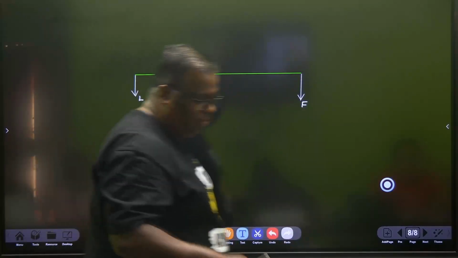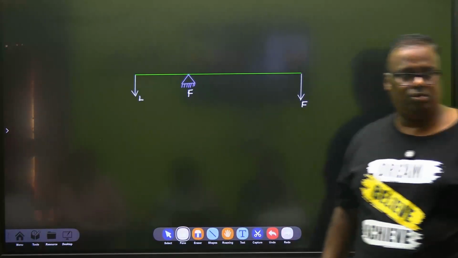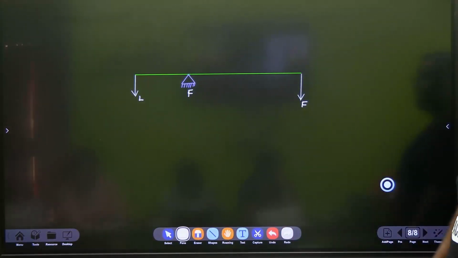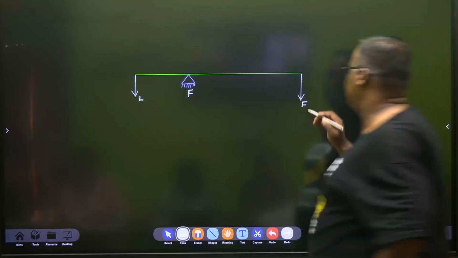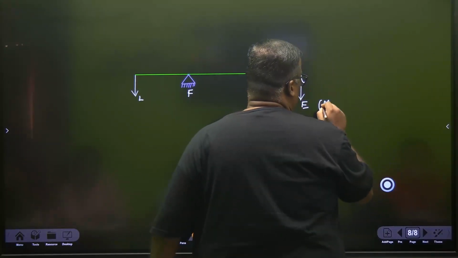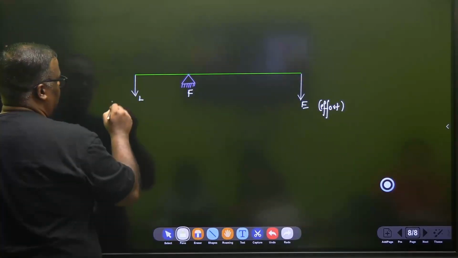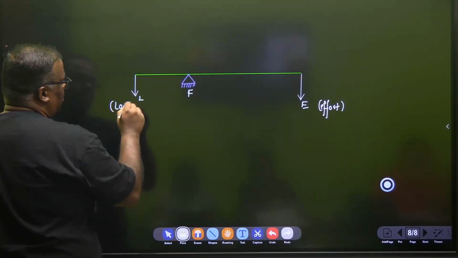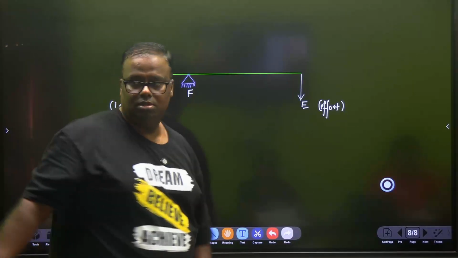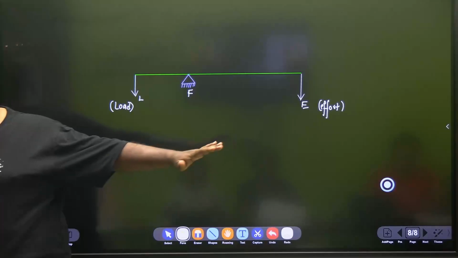Right now you have lifted the stone in such a manner that you have made it horizontal with the ground. This is E, your effort, and this is the load. Is this much clear? The load wants to come down, but you don't allow it to come down by applying an effort, and you have made it horizontal.